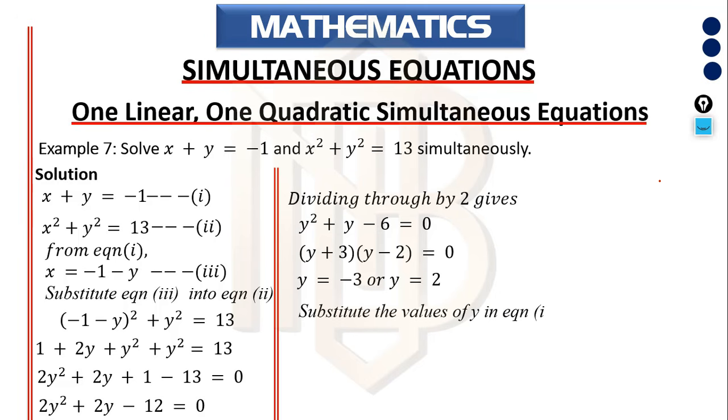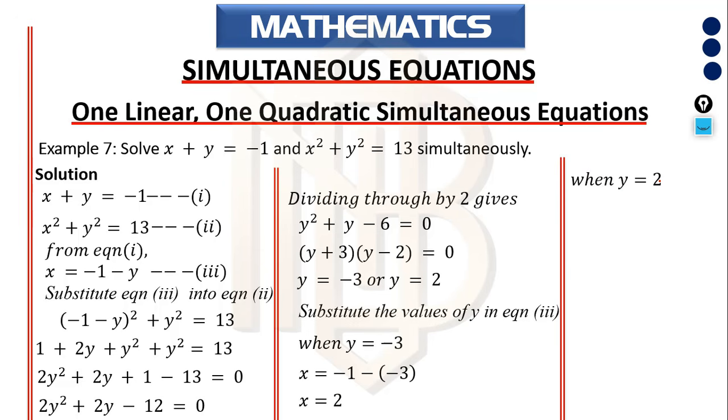If you substitute the value of y in equation 3, of course, picking equation 3, when y is equal to minus 3, x is going to be minus 1 minus minus 3, and then it's equal to 2. When y is equal to 2, what we are simply doing is checking for the value of x for the individual value of y.